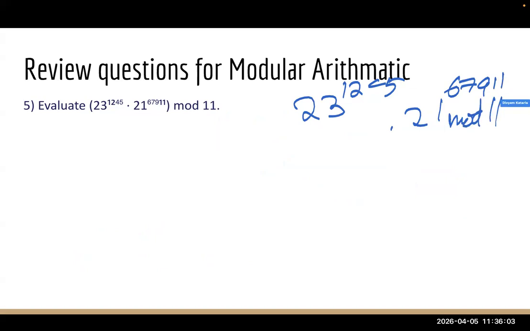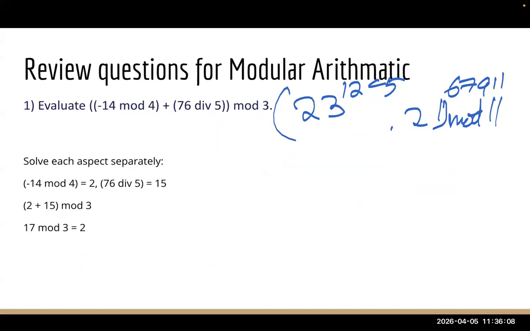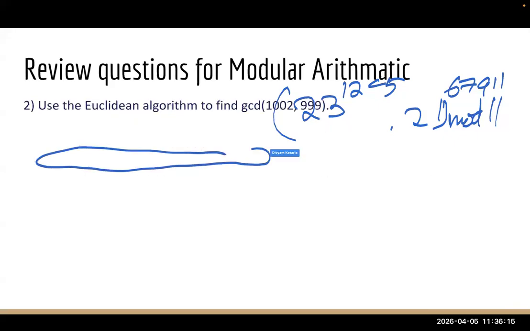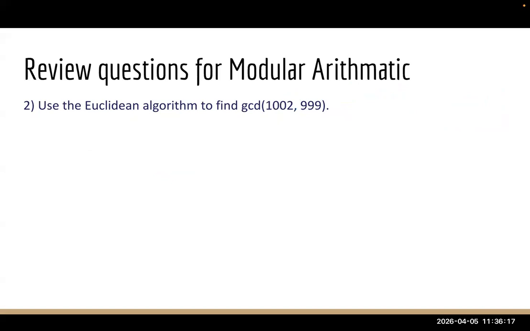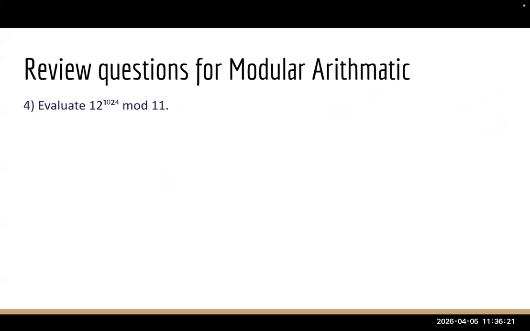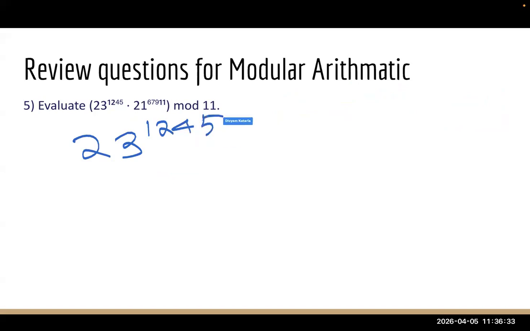Now, this is the implementation of the product rule property that we studied initially over here. So, let's calculate this individually.